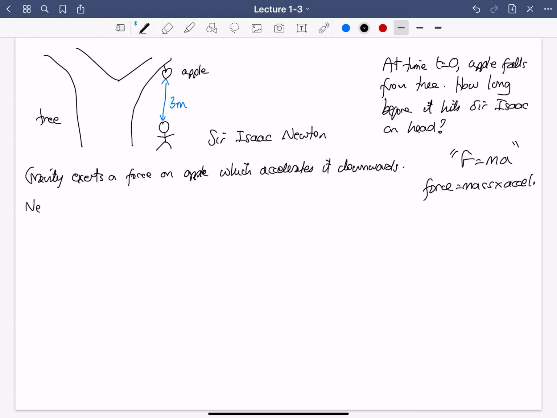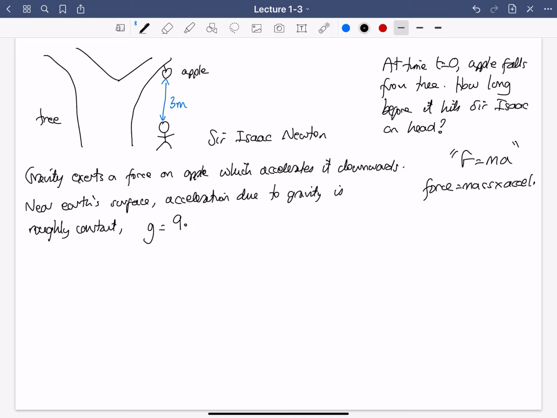So let's write that. Near the Earth's surface, the acceleration due to gravity is roughly a constant. You should always treat it as being a constant. And that constant is little g, which is roughly 9.8 meters per second squared.